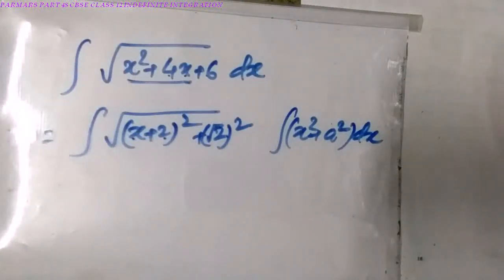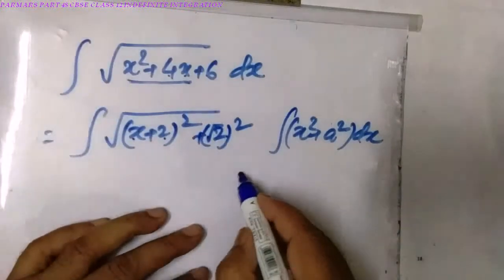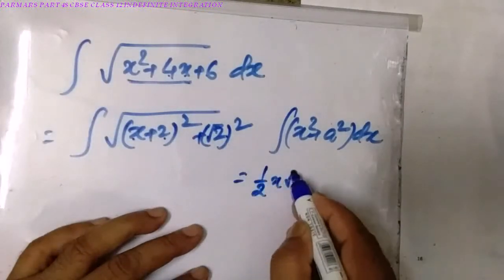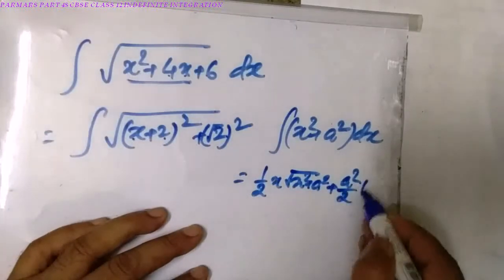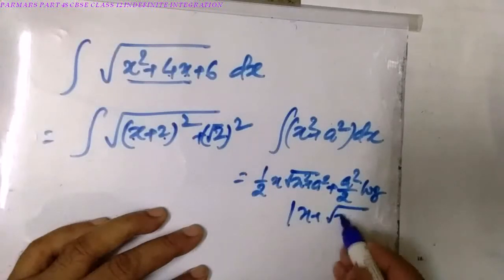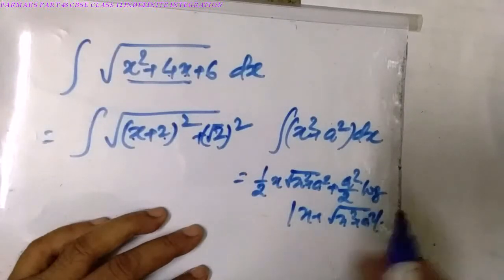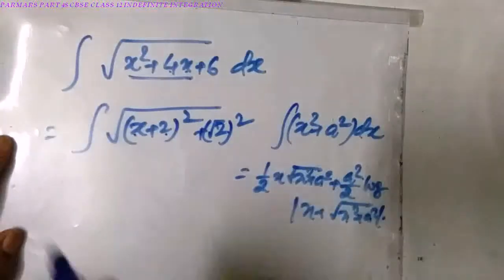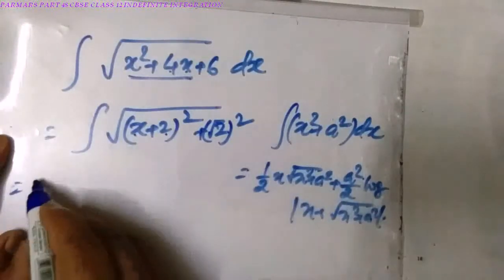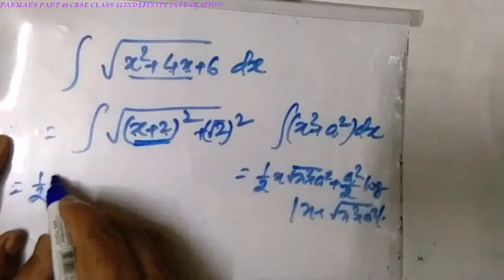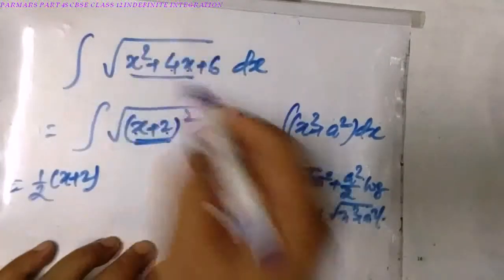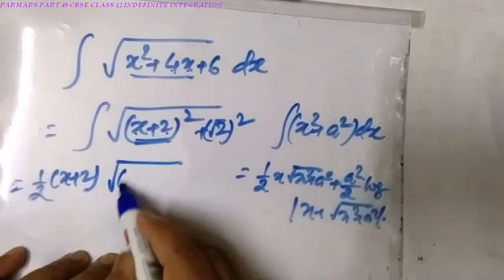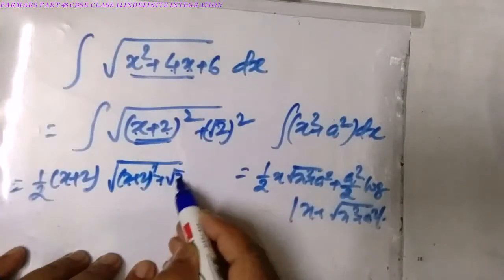Okay, it is in the form of root of x square plus a square dx, and the integration of this one is nothing but 1/2 x root under x square plus a square, plus a square by 2 log of x plus root under x square plus a square. So using this very identity, I can write 1 by 2, in place of x it is x plus 2, and in place of root under x square plus a square, this whole thing: x plus 2 whole square plus root 2 square.